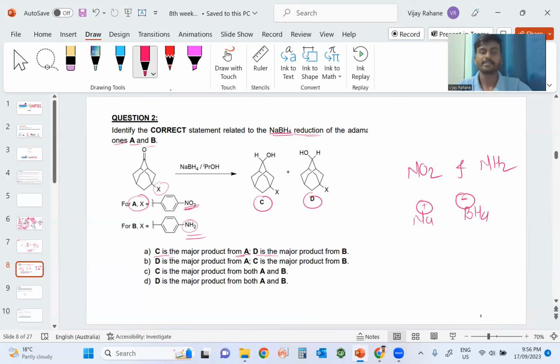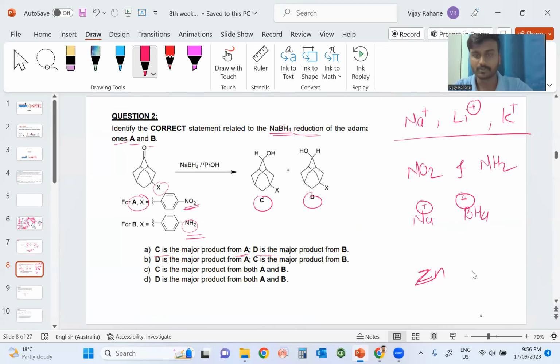First of all, keep in mind the salts of sodium, lithium, potassium, or zinc, whether they are involved in chelation or not. This effect you always have to consider. Some ions are involved in chelation, and some ions don't get involved in chelate formation.